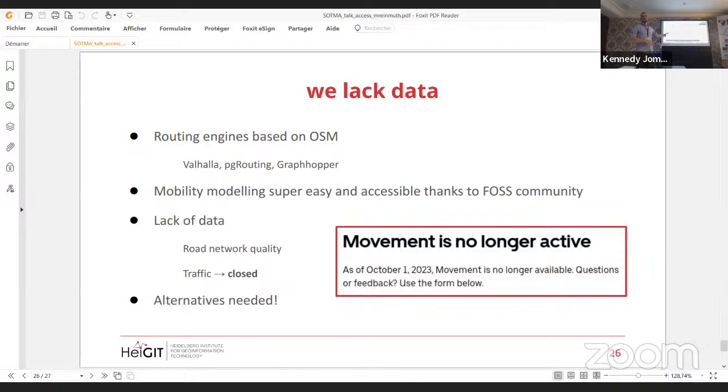So this is my open question. We lack the data for traffic, and I would be happy if Uber comes back and opens up the data again, or maybe they just don't want to host it. I think any other routing organization would be happy to take that over, but it's not a sustainable solution.